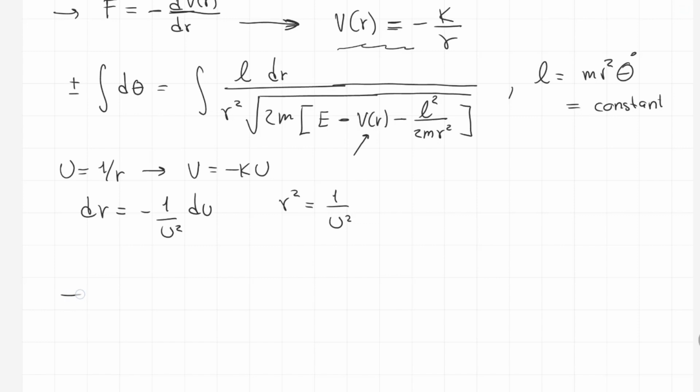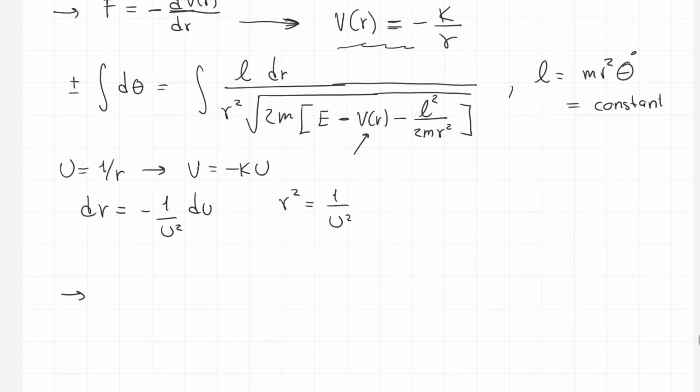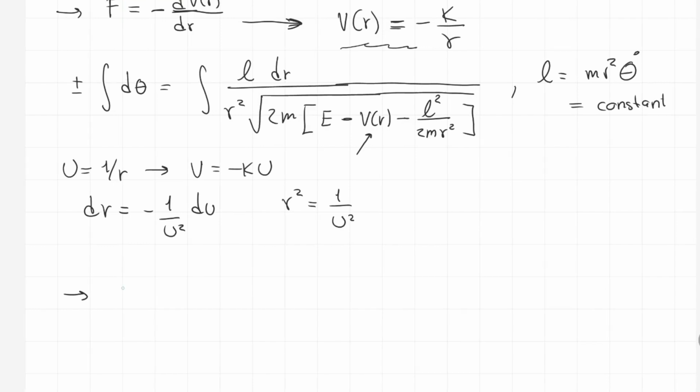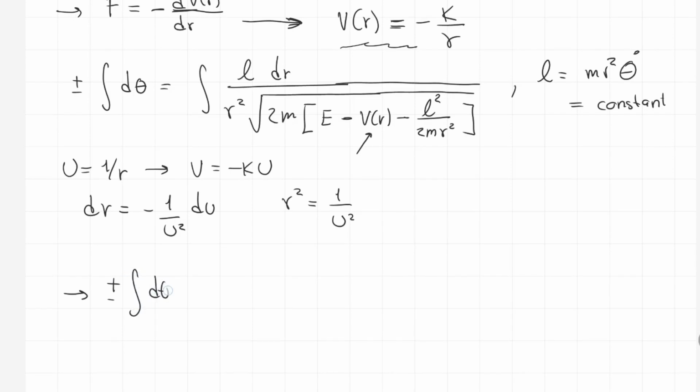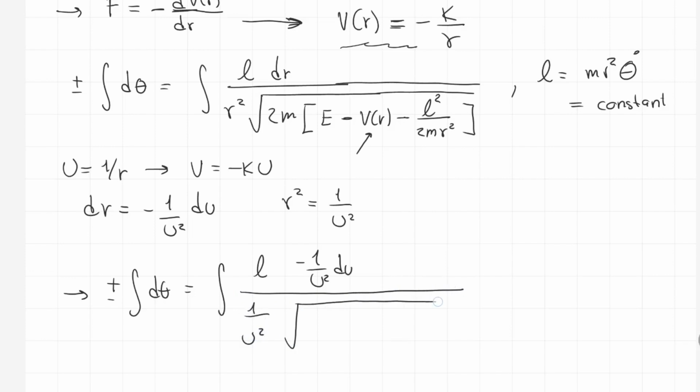Okay, so if we substitute this, we are going to have the next. This is going to be plus minus the integral of d theta equals the integral of L times negative 1 over u squared du all over 1 over u squared times the square root of 2m times e minus ku minus L squared over 2m times 1 over u squared.